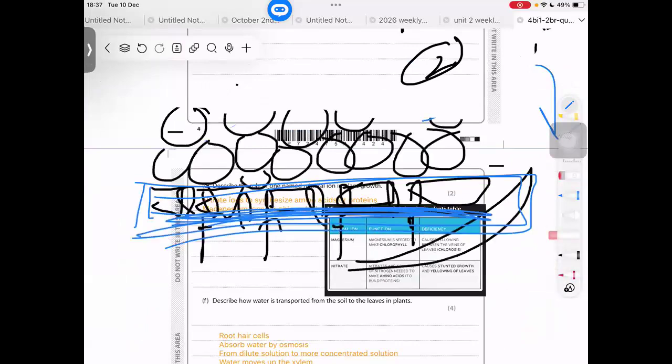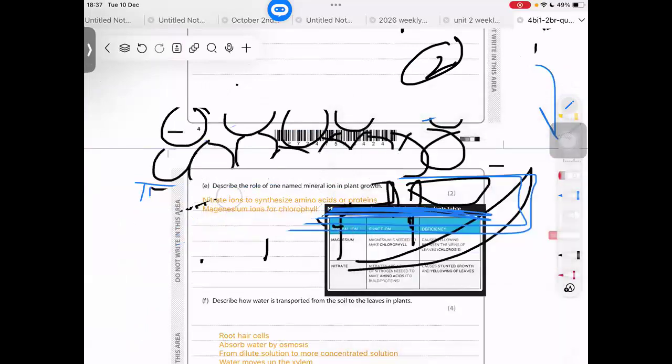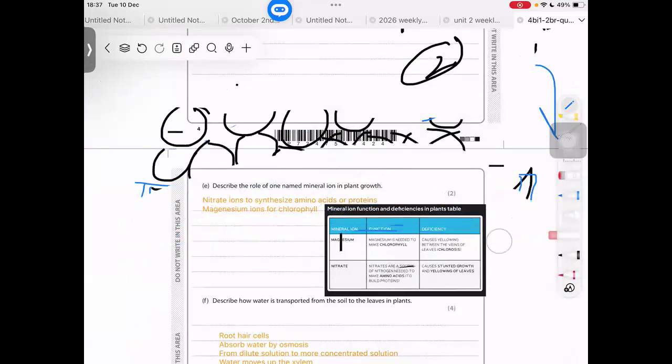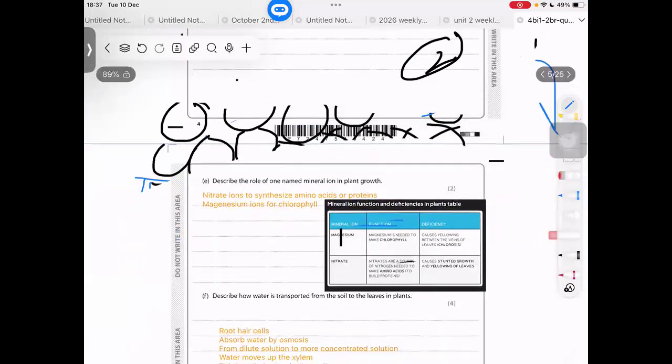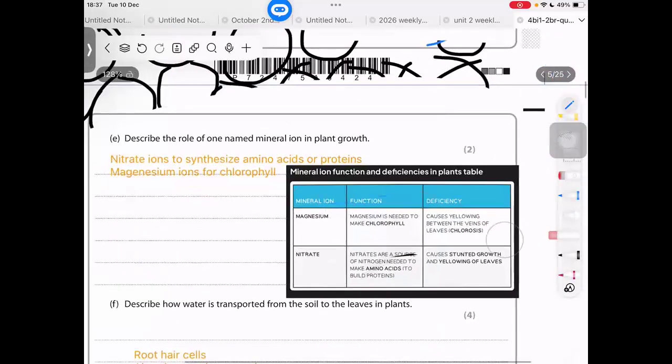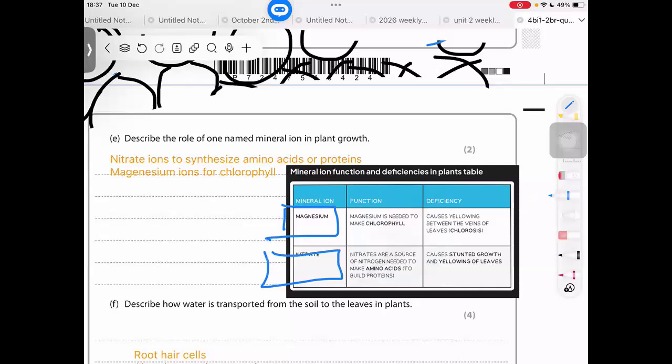Okay, E1 you can see, describe the role of one named mineral ion in plant growth. In your syllabus, you are learning about 2 mineral ions which help in plant growth, right? One is magnesium and the other one is nitrate.